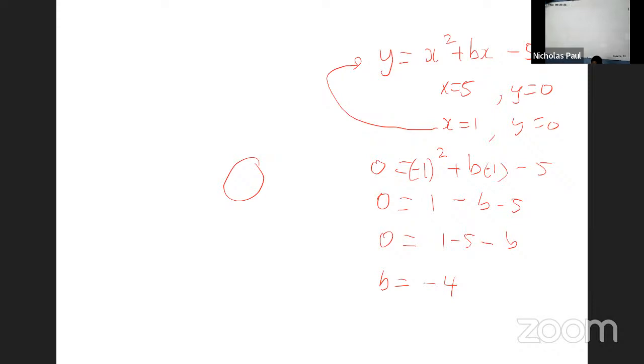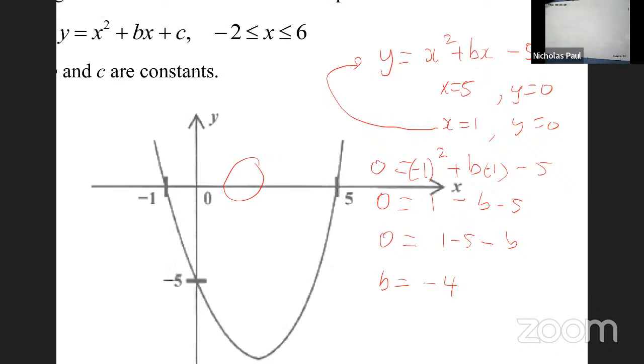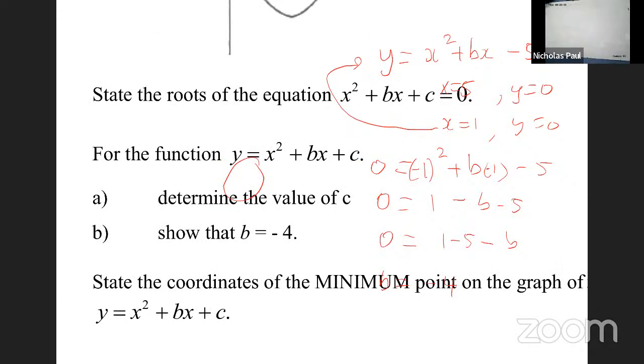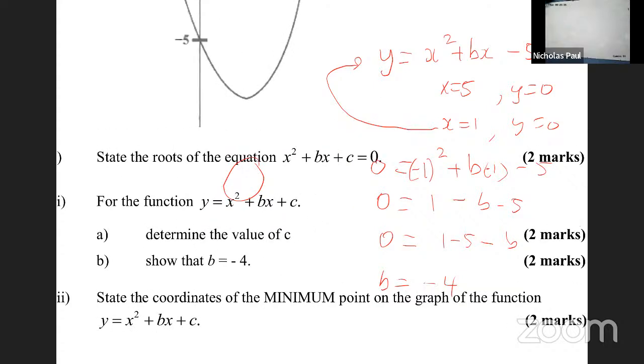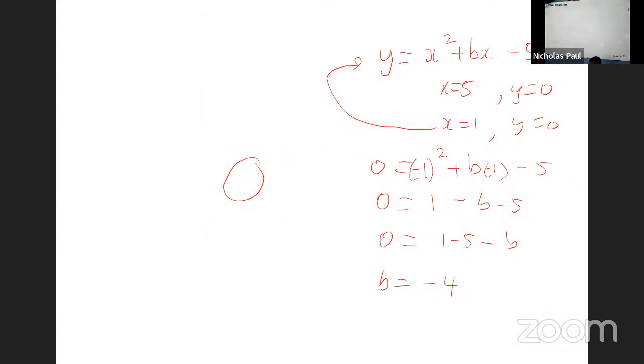All right, last thing, are we done? State the coordinates at the minimum value. State the coordinates at the minimum value.